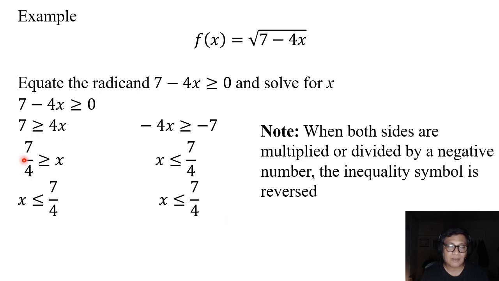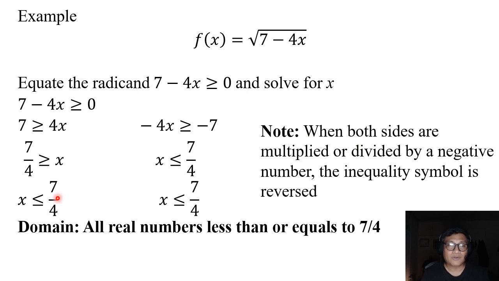So this one, by the mirror property for inequality, you can change this. So your x here will be on the left side, then it becomes now the less than or equals to. So they are now the same. So just be careful, class, when you divide or multiply an inequality by a negative number, automatically you have to change the inequality to its reverse. Okay, so that's the rule, class.